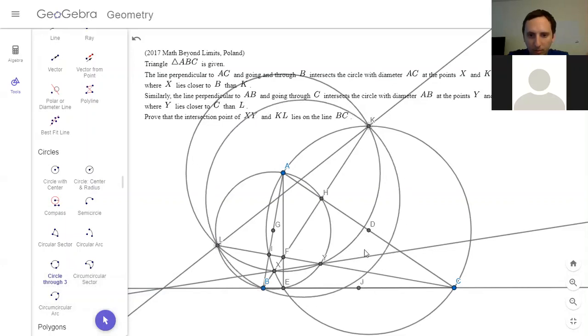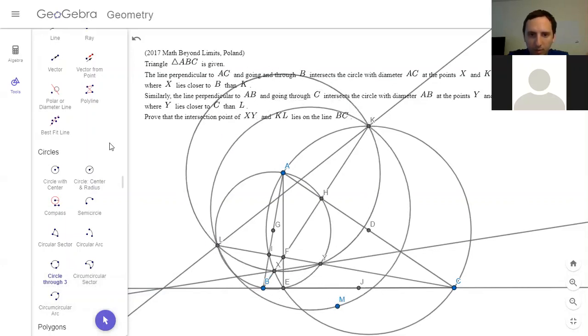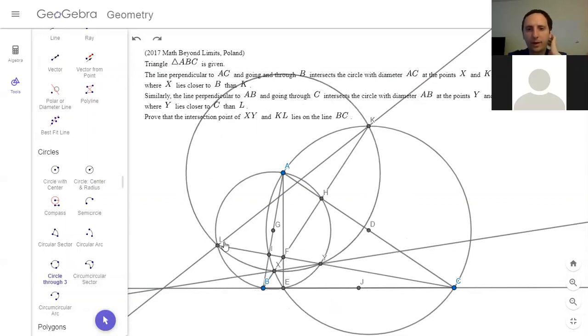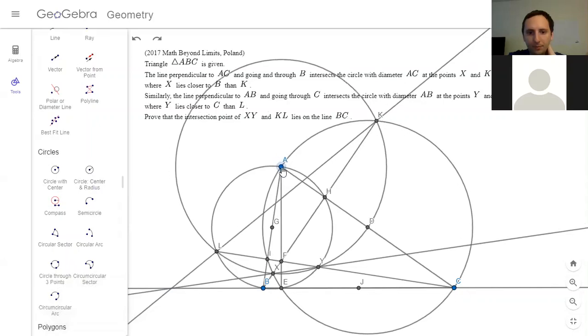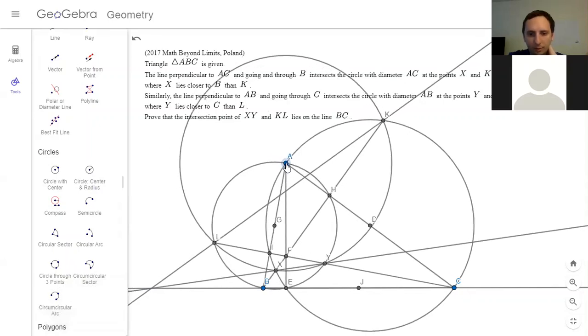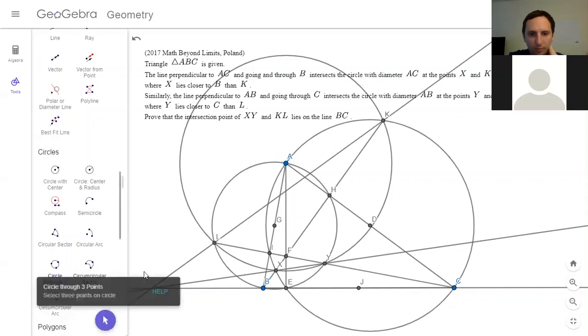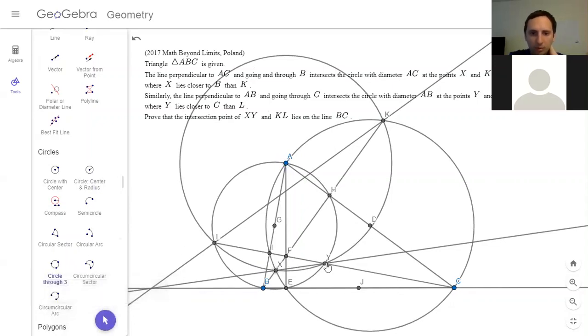No. So yeah, I want to use the radical axis theorem. It looks like KLXY is cyclic. Are there some other circles that I could use? XY.